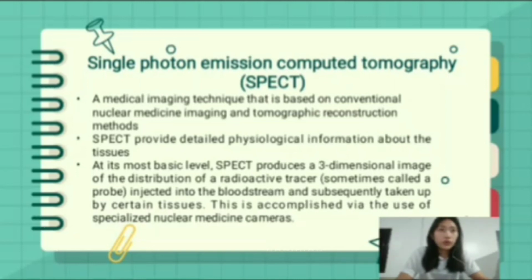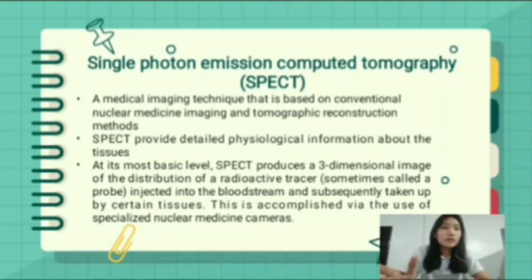For example, radiography, computed tomography, and magnetic resonance are useful in imaging the anatomy, while the SPECT scan provides physiological information about the tissues, and the radiation source is within instead of outside the patient for clinical and diagnostic treatment purposes.